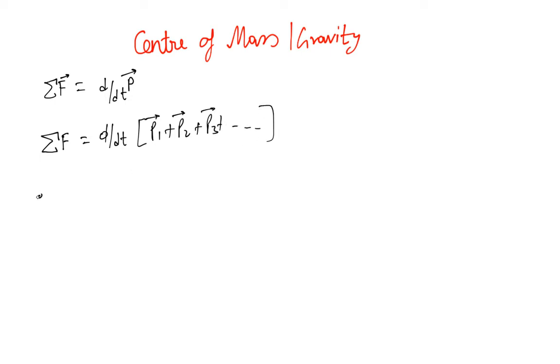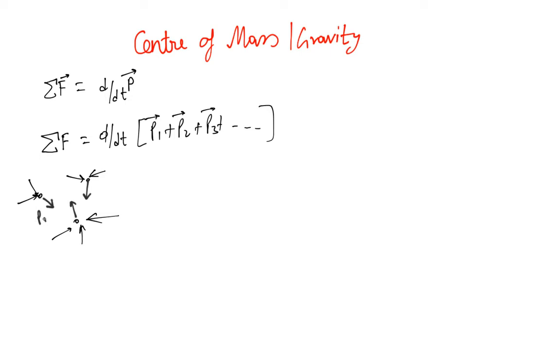So if you have one body, another body, a third body, and there are forces acting on all these bodies, then the sum of all the forces is this, and because of these forces, these bodies will have different momenta.